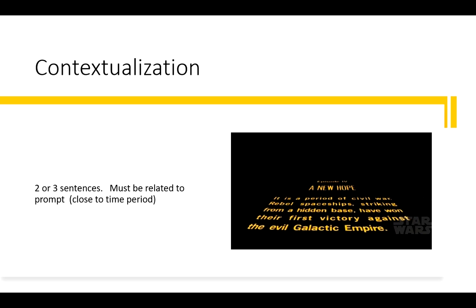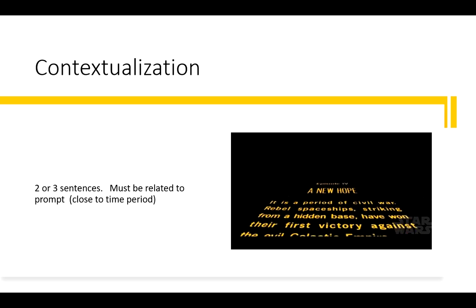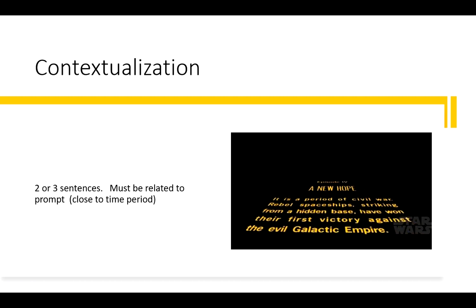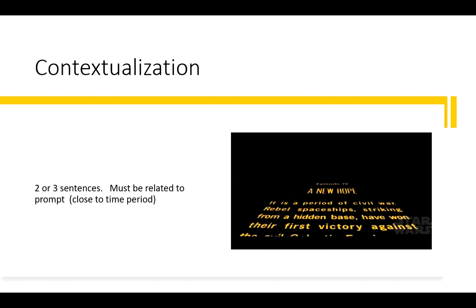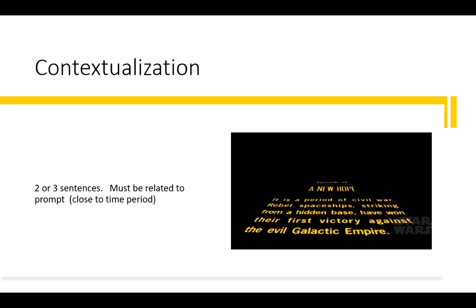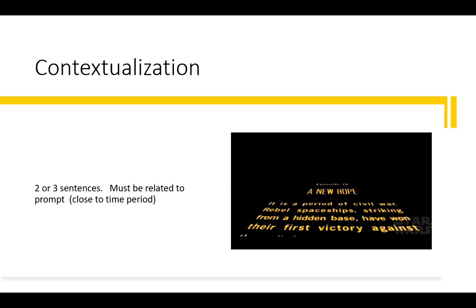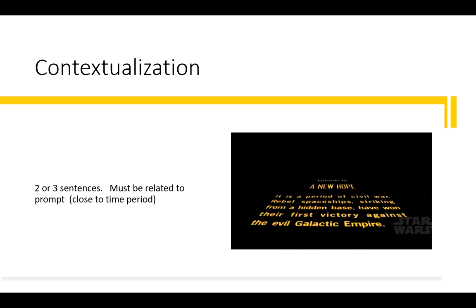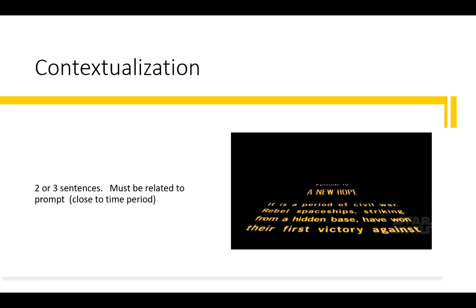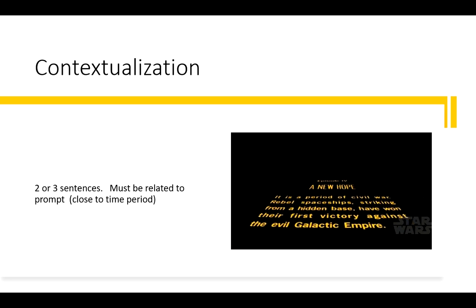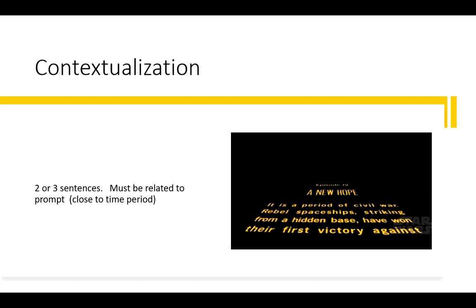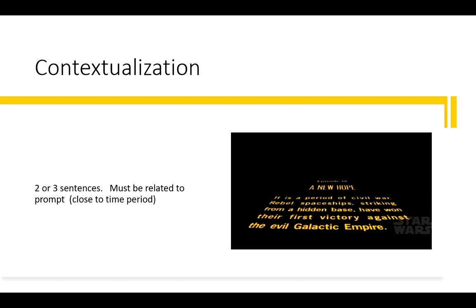So start with contextualization. 2 or 3 sentences. You have to know how to do this for the LEQ and the DBQ. Contextualization is basically the Star Wars scroll. It's basically saying what is going on. It's kind of like when you're watching a TV show and then they say, previously on, and then they give you certain snippets, not just from the last episode, but from the whole season, just to remind you of what is going on, so you have context.